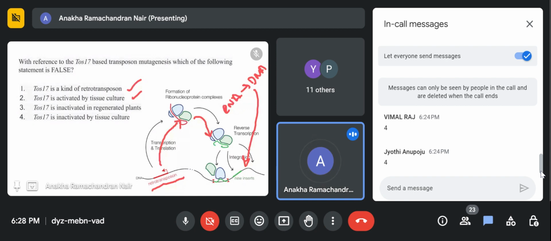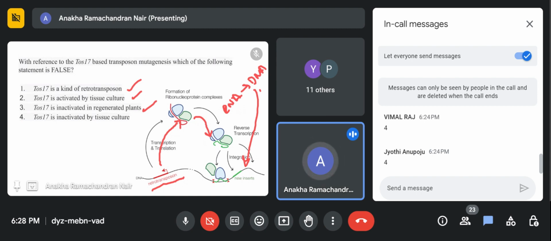All right. So what happens in this retrotransposon is the DNA is converted to RNA, and that RNA is reverse transcribed to DNA, which is then integrated into a new area of the genome. Okay. So it is inactivated in regenerated plants, which is also true. Once a plant starts growing and it becomes mature, TOS17 is inactivated.